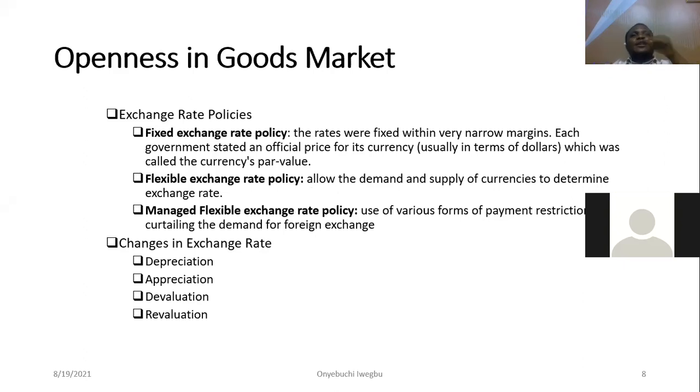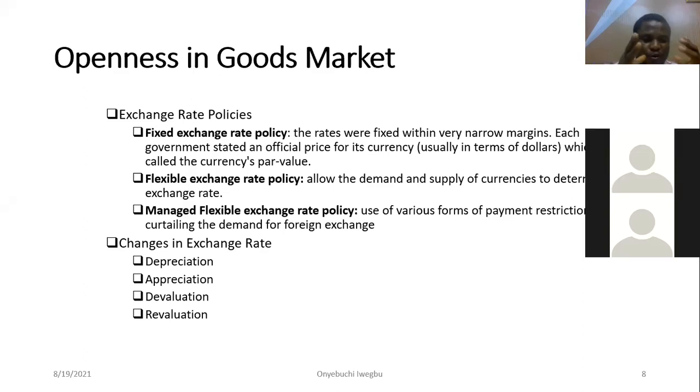But if it is a decrease in exchange rate, that means you need fewer dollars to get the 1 naira you were getting before. In that case, it is what? Devaluation. When it is not deliberate and it is due to market forces, devaluation becomes depreciation and revaluation becomes appreciation.